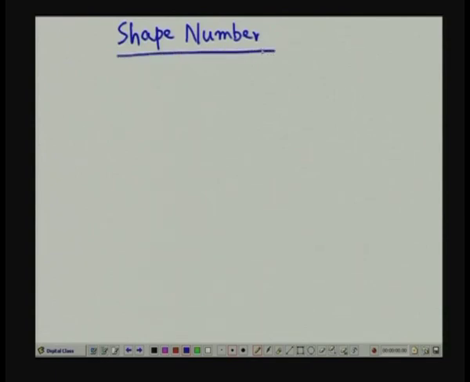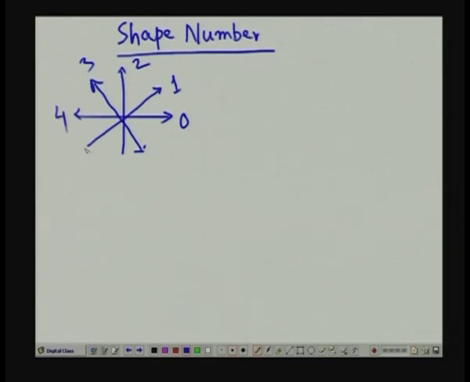Earlier we have talked about the generation of shape number using 8 directions. There we have said that in the 8 directions we have identified the different directions of moves like this. This is the direction which was given as 0, this is 1, this was 2, this was 3, this was 4, this was 5, this was 6 and this direction was 7.